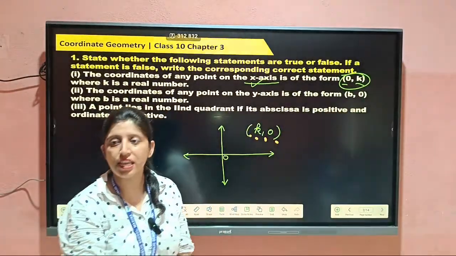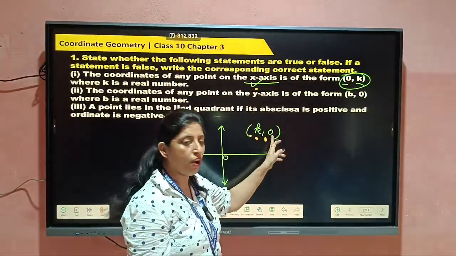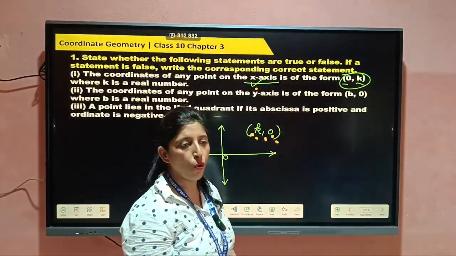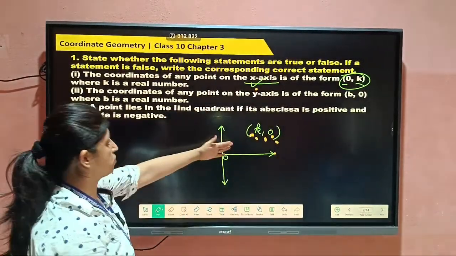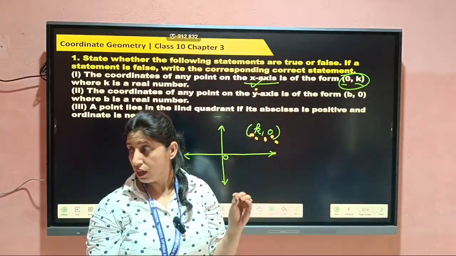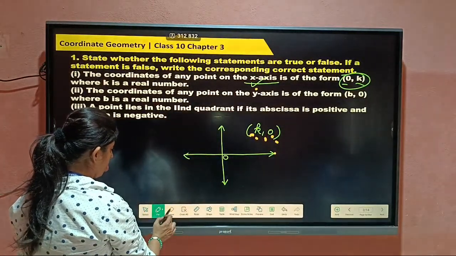On y-axis x coordinate is 0, but on x-axis y coordinate is 0. So correct form is of k0, not of 0k. Okay, next.